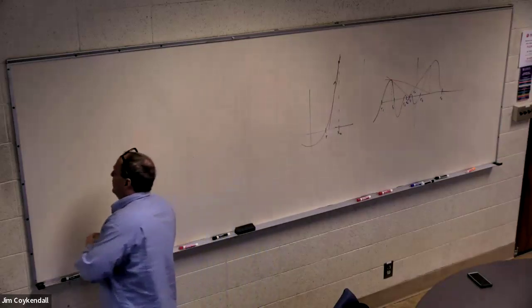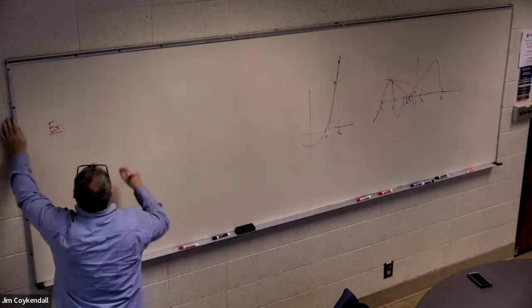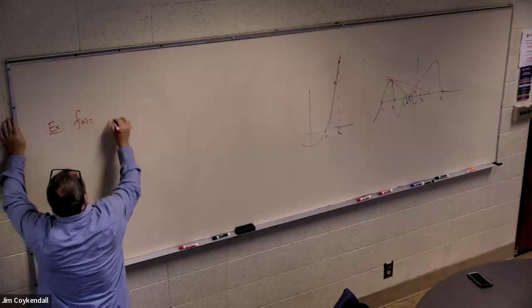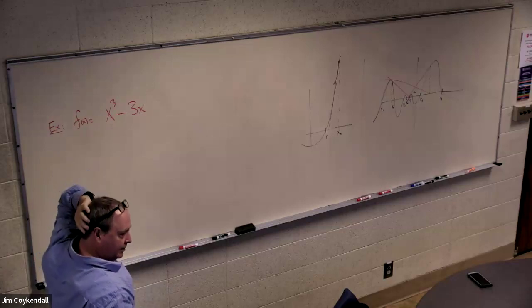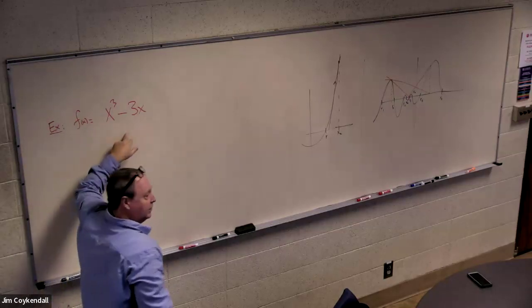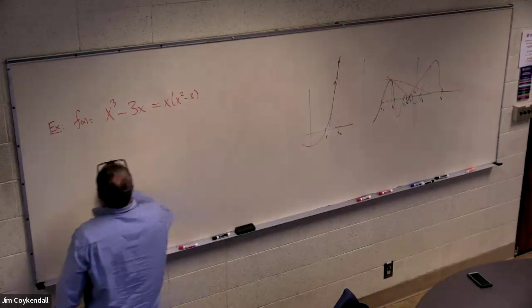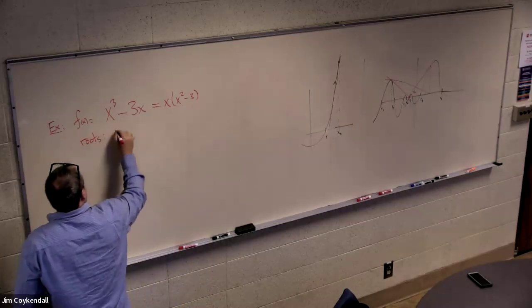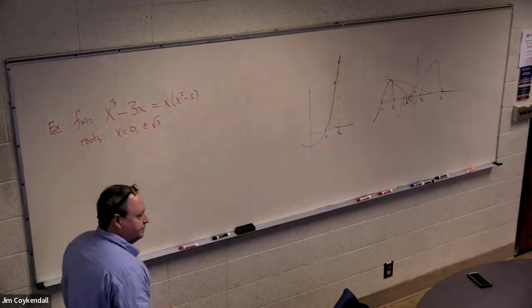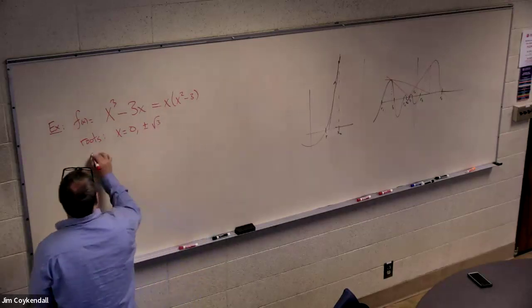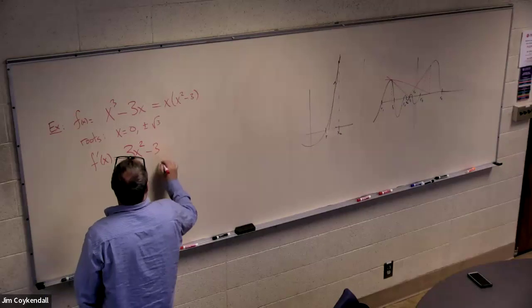But here's another thing. Now, I can tell you what the 3 roots of this are. And f prime of x is equal to 3x² minus 3.